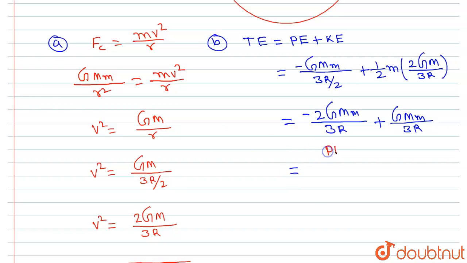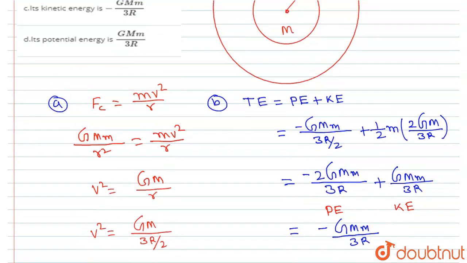This is the potential energy part, and this is the kinetic energy part. Now total energy, taking the LCM of 3r, is equal to minus GMm divided by 3r. So this is the total energy.